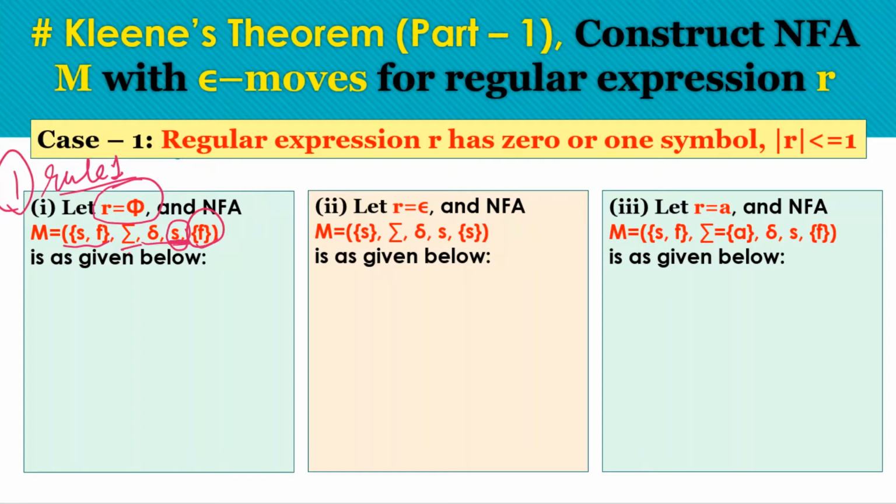But as we have no input symbol, we have two states for the machine, but no path to reach the final state. So this will be the corresponding machine for case 1, rule 1.